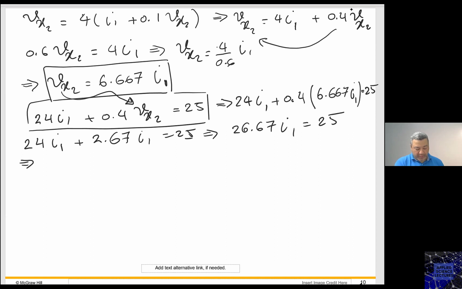Again, remember, I'm evaluating you in this course on your understanding of how to formulate a circuit into equations more than the calculations. The calculations do have a weight, but for the most part I'm interested to see how you formulate those problems into equations. Divided by 26.67, so I1 is 0.94 ampere.